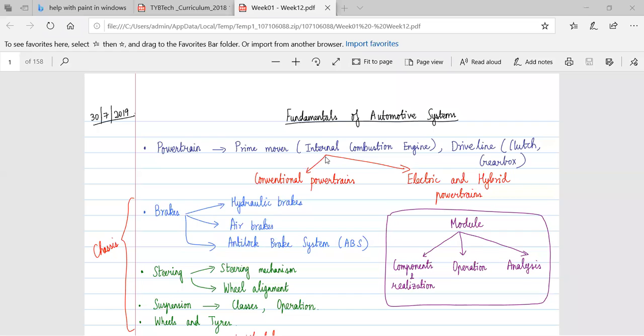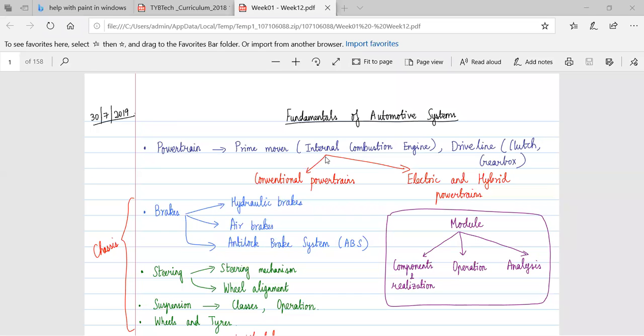Basically, the mobility of a vehicle is a continuous process, and there are many modules running one after the other. So we'll see one by one all those modules and how the automobile moves.